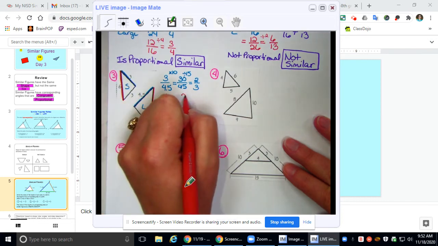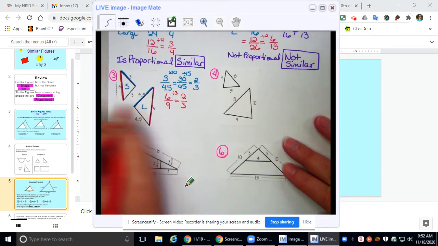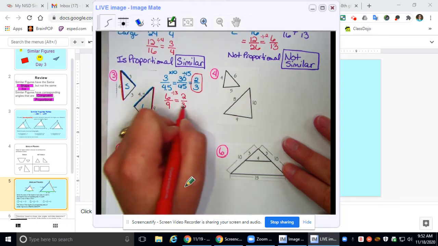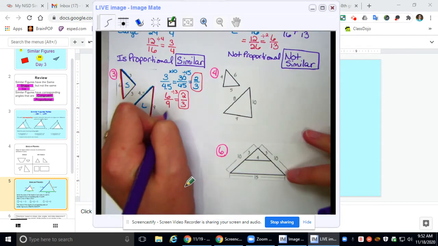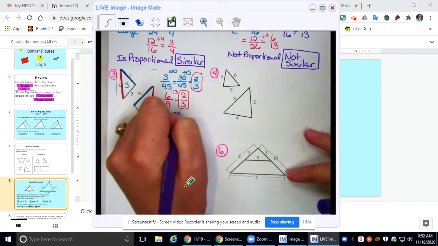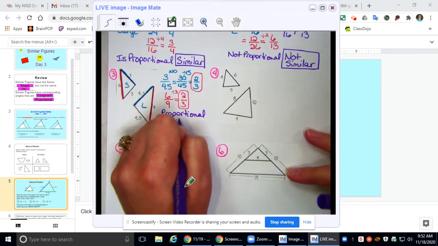Simplify that, we get 2 over 3. Now look, 2/3 and 2/3. Those are equivalent ratios. So they are similar. Proportional and similar.